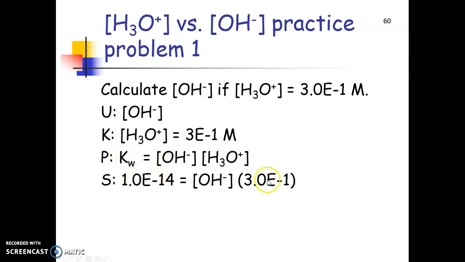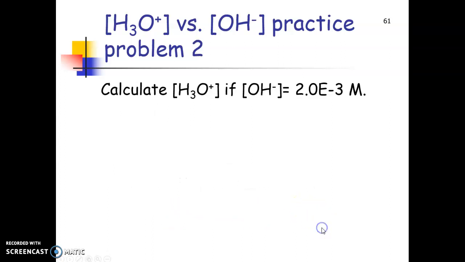Plug in the value for Kw, plug in the value that we were given for the hydronium concentration, solve for OH by dividing by 3.0 times 10 to the minus 1. And you should get 3.3 times 10 to the minus 14th molar when you carry that calculation out.